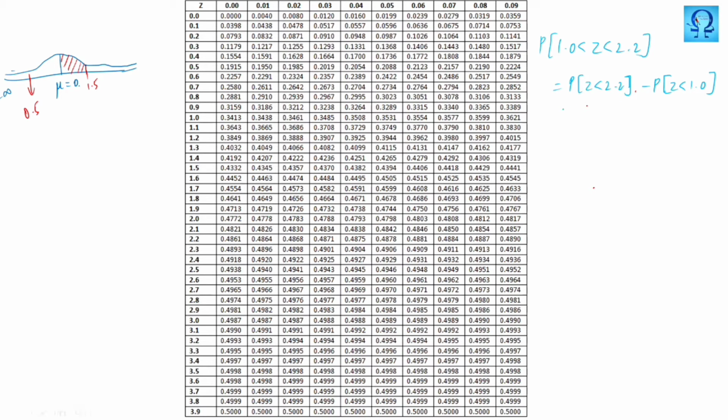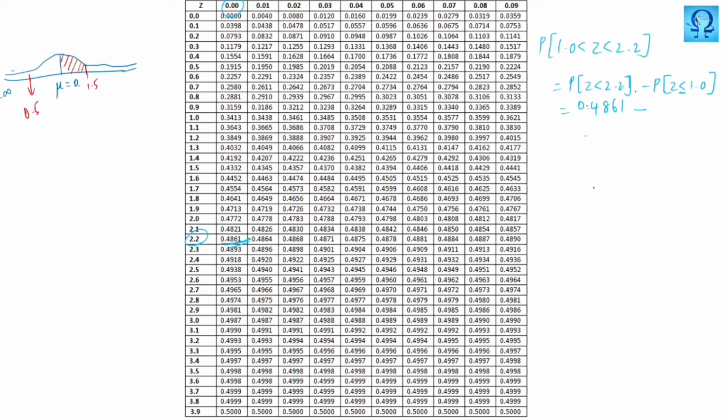Since all these are continuous distributions, whether you include this or exclude this doesn't matter. 2.2 means 2.20. 2.2 is here, 0 is here. So this is the value that we are looking for.